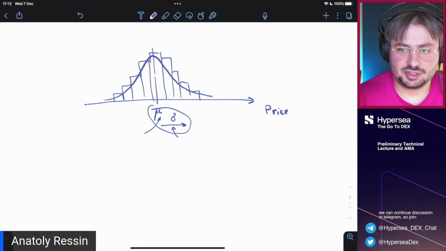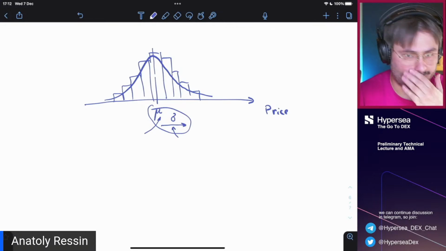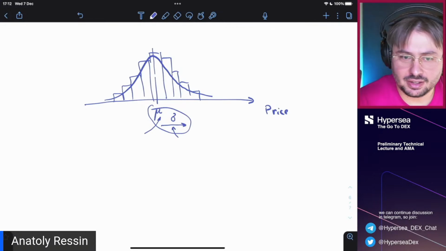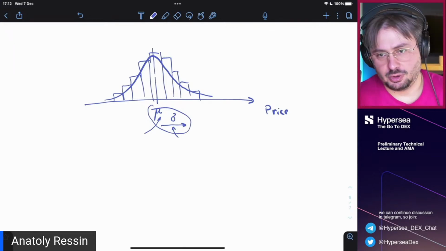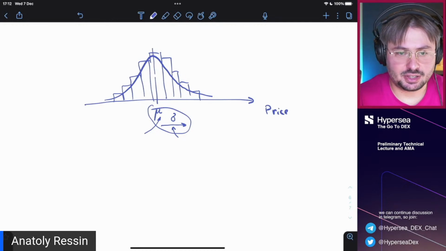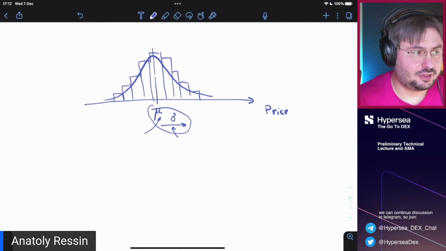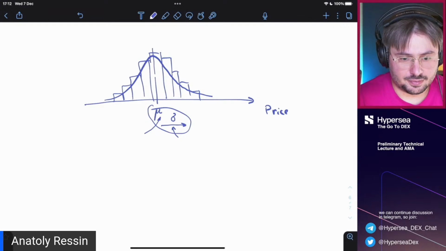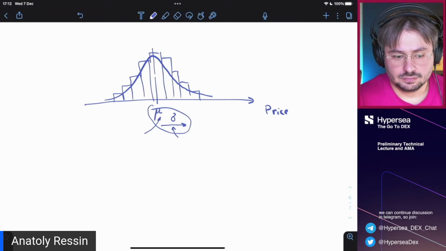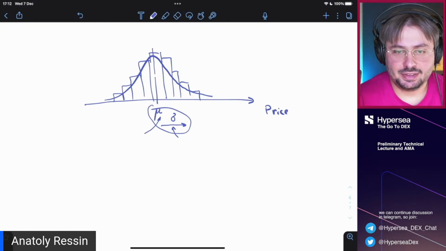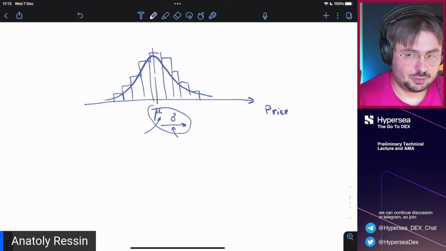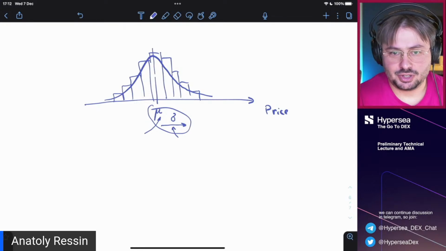If users see that there is a difference between the price on Uniswap and, for example, some centralized exchange, then they start to arbitrage, and in this way, Uniswap is changing the rate.